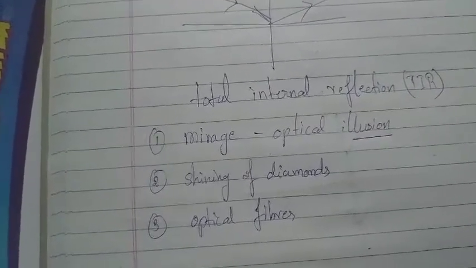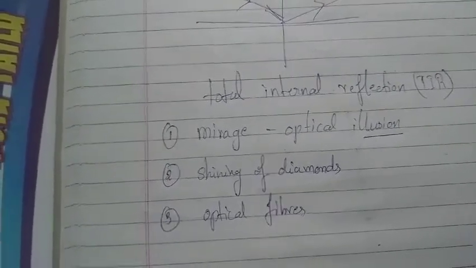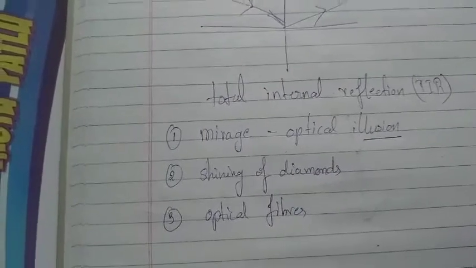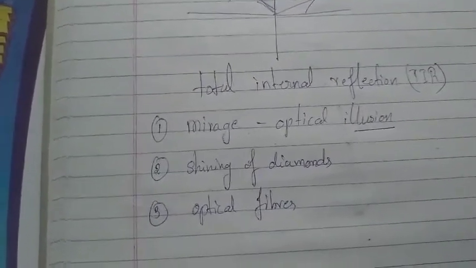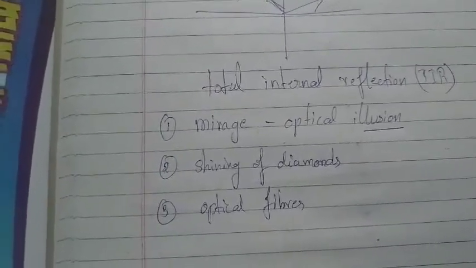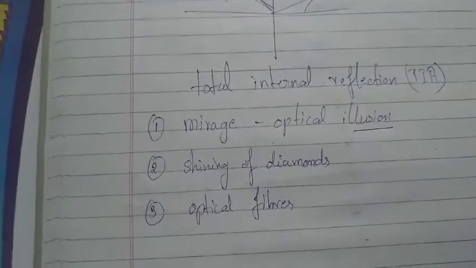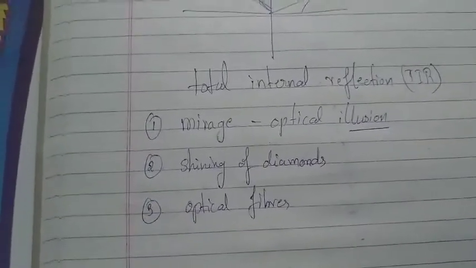But whenever we reach that point, there won't be any water traces. Why? Because this is an illusion of water which is created by total internal reflection, which is called mirage.